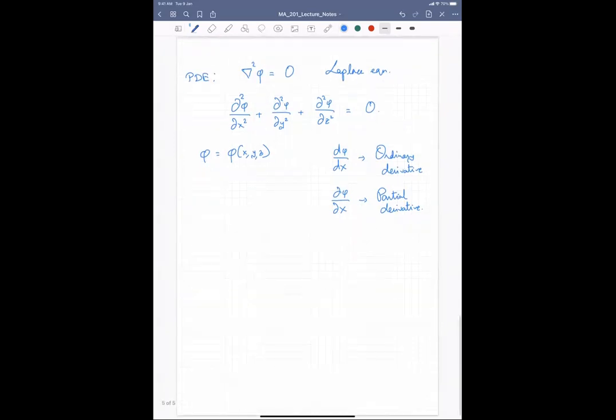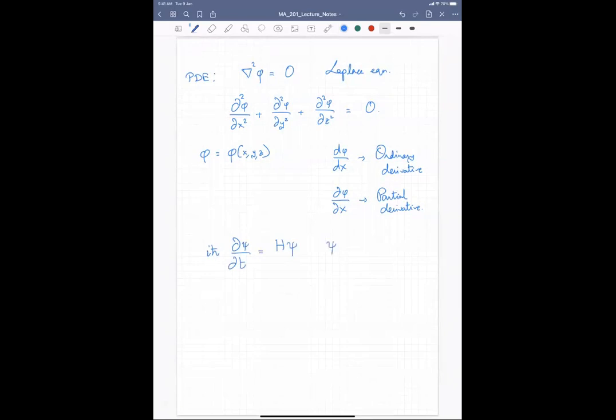Another example of a partial differential equation is the Schrodinger equation that you studied in the second half of PH 101. So i h bar d psi dt equals H psi.